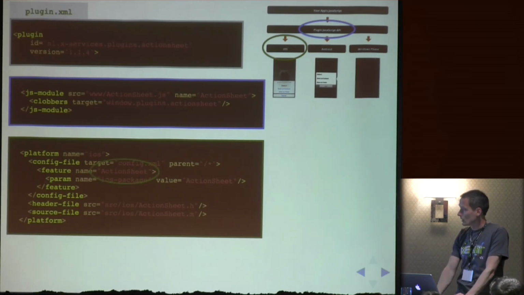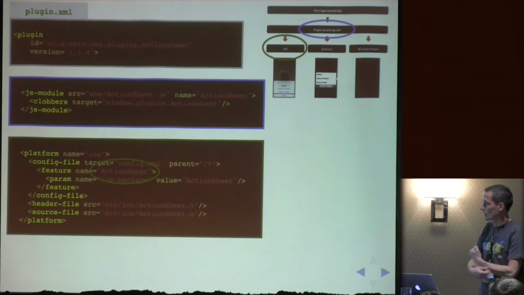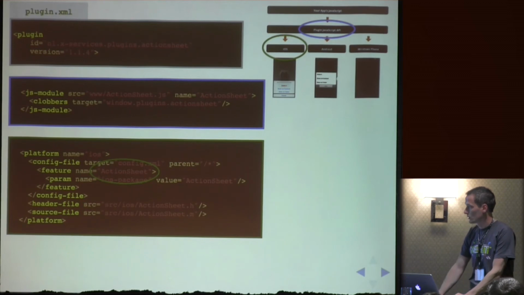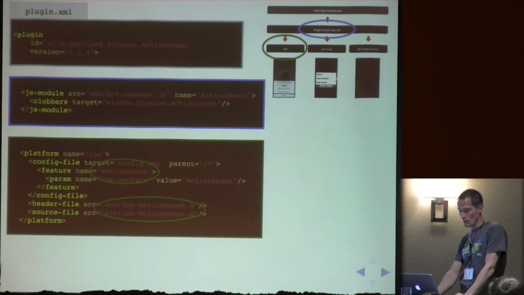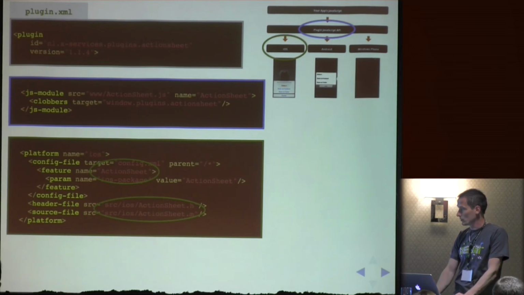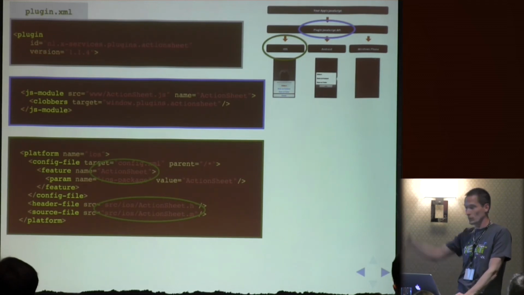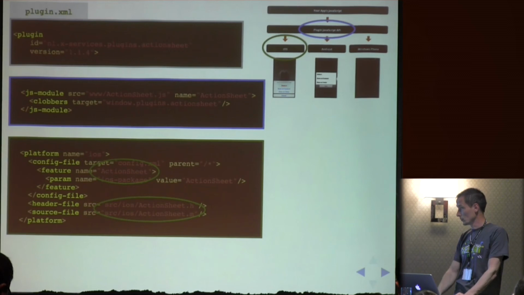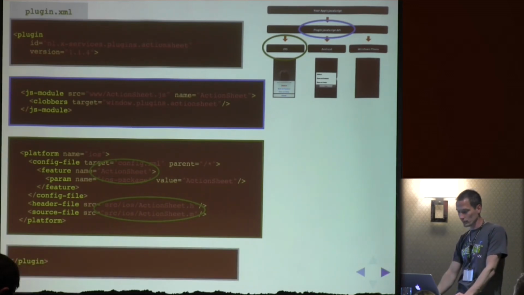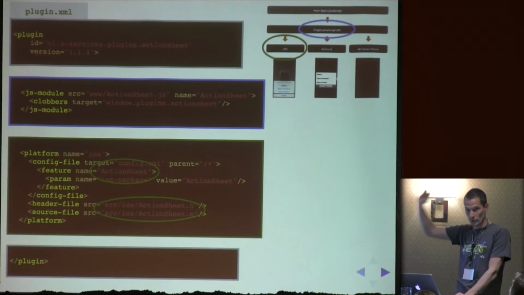And this is what the plugin JavaScript calls into. The ActionSheet name is wired to this feature named ActionSheet, and calls into that object are then forwarded to these classes, and those can be named anything you want, and can be placed anywhere you like, but this is where it's wired together.